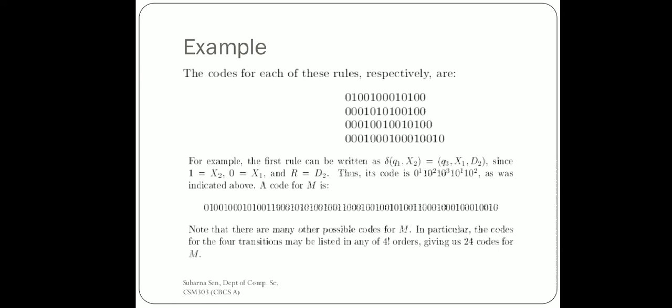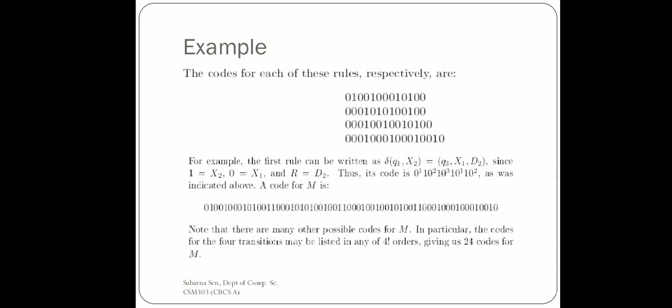If you remember, the code was like 0 to the power i, 1, 0 to the power j, 1, 0 to the power k, in this fashion, right? So here, what is i? What is the suffix of q in delta of q? It is 1, delta of q1 comma x2, so i's value is 1. j's value is the suffix of the first x, that is 2, so j's value is 2.